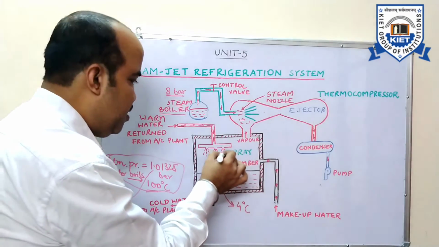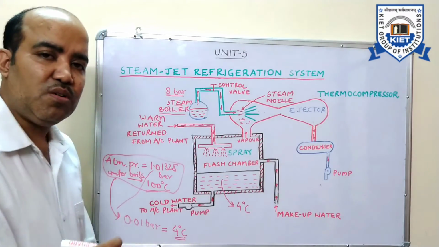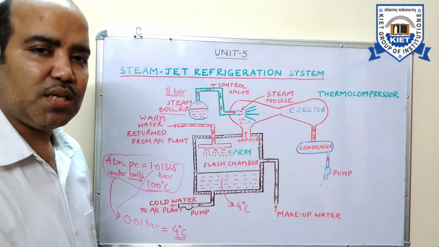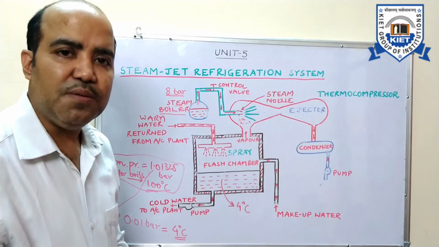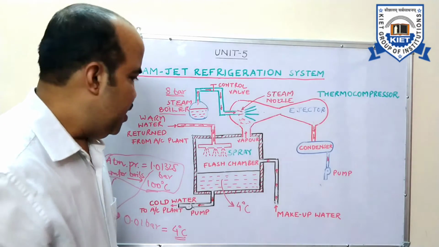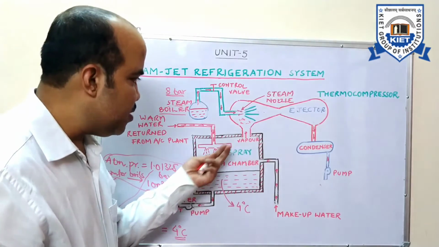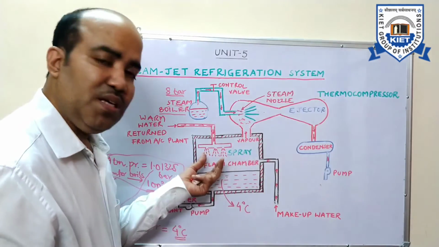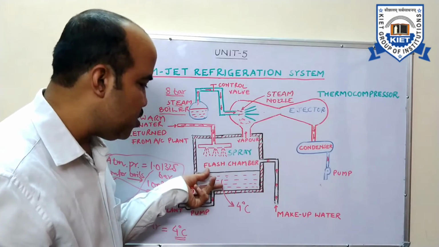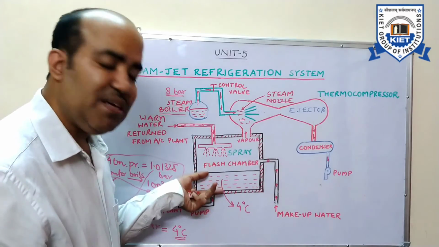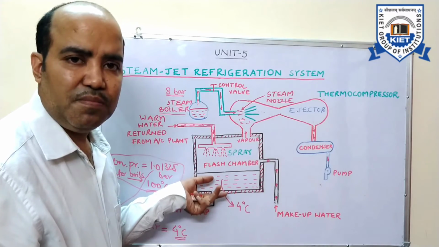You know that for water droplets to convert into steam, it requires heat. So the water particles that are to be converted into vapor take the heat from the water which is there in the flash chamber.